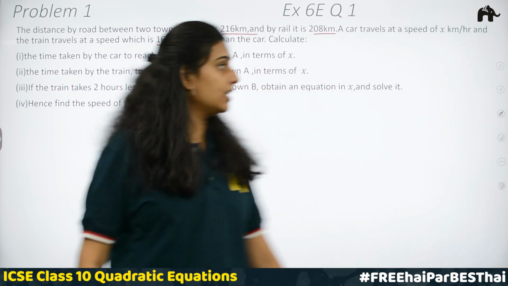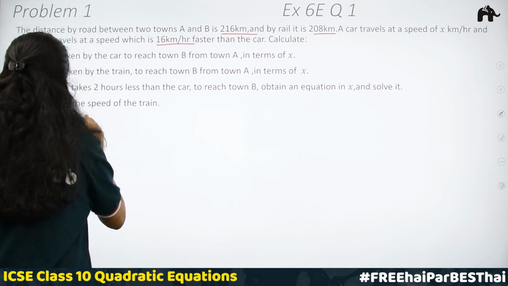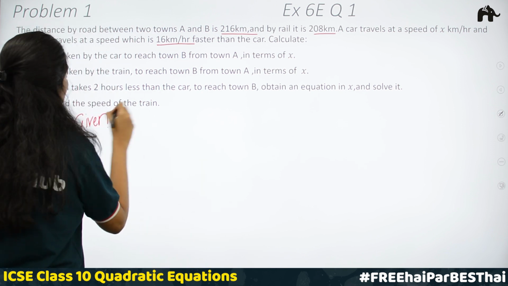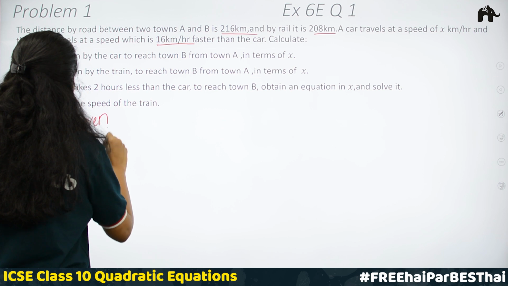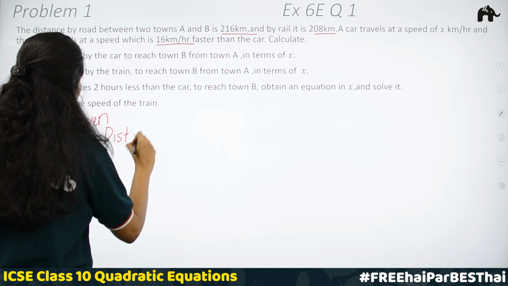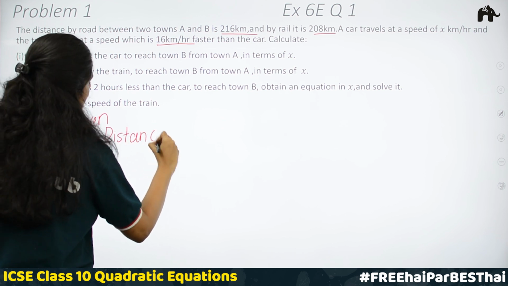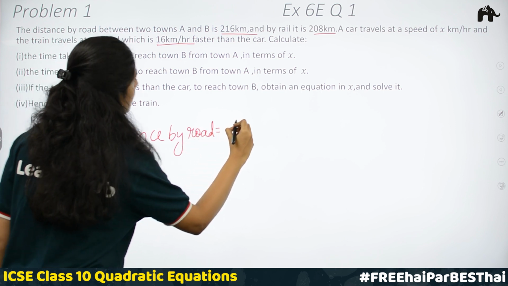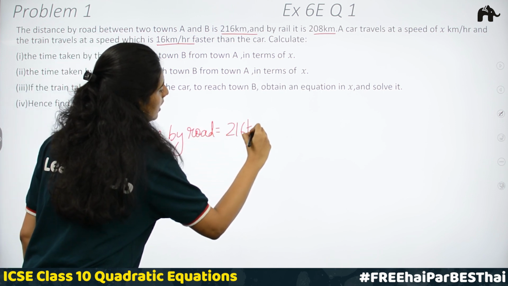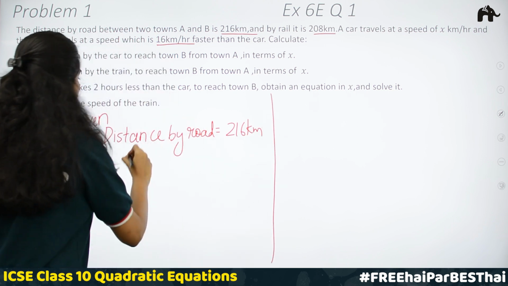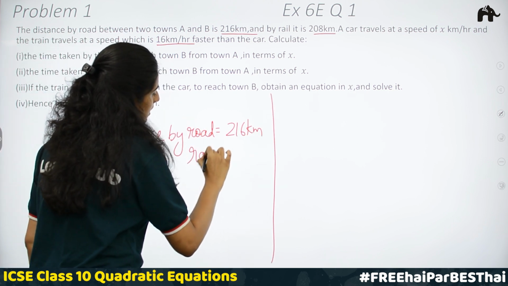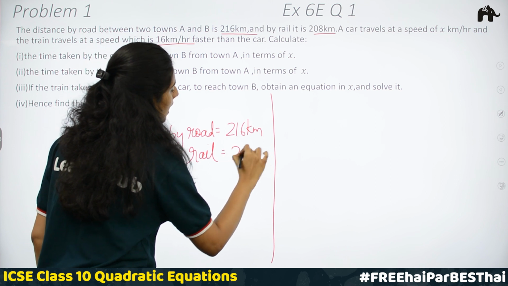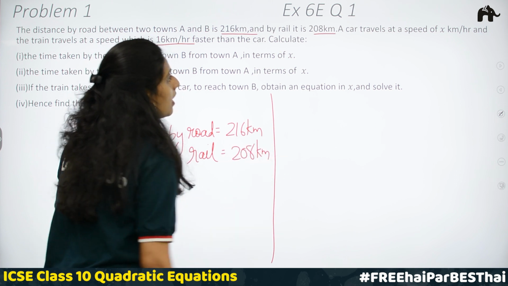What are the given quantities? Given: distance by road is equal to 216 kilometers. Then distance by rail is 208 kilometers.